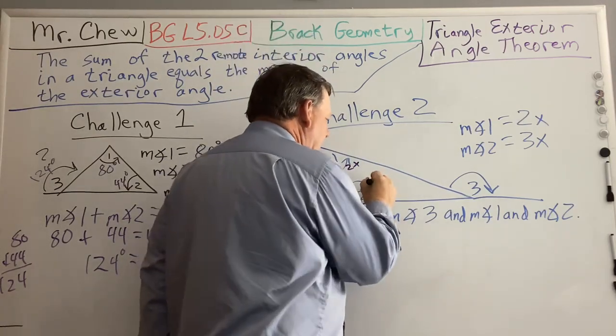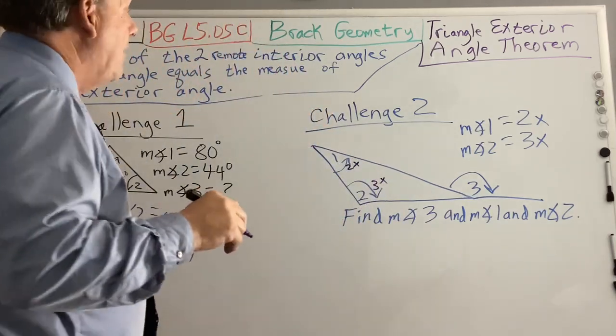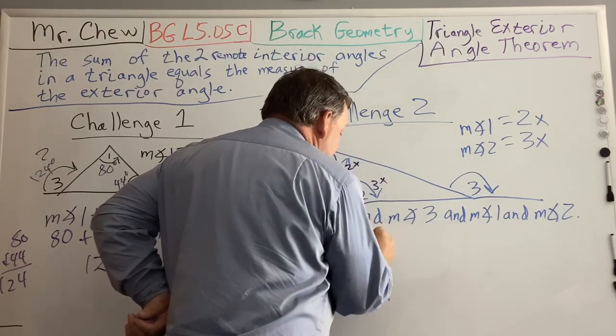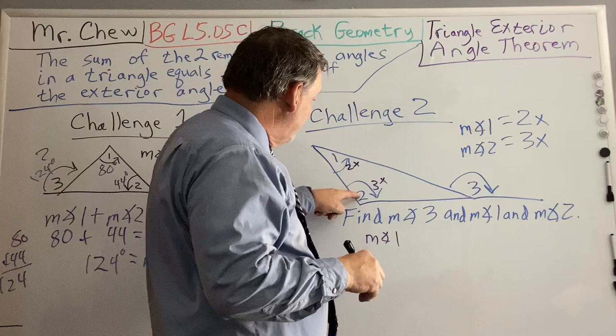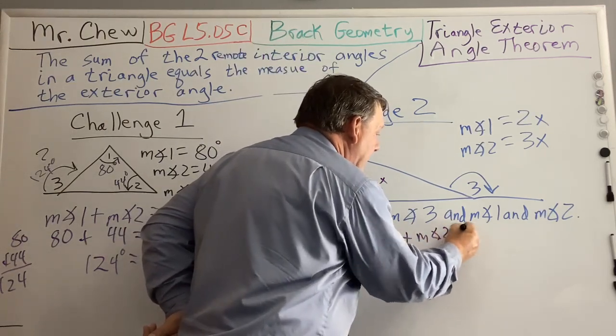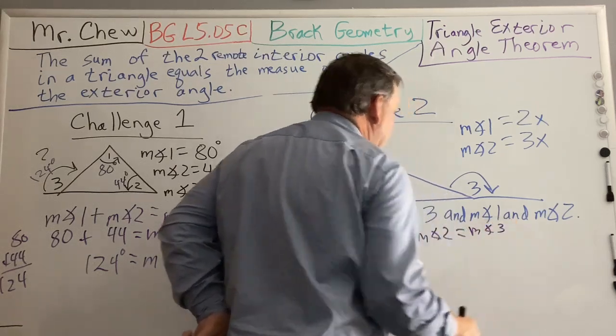And we know that this angle is 3x. And I know that from the triangle exterior angle theorem that if I take the measure of the 2 remote interior angles, which is 1 and 2, and add them up, I'm going to get the measure of angle 3.